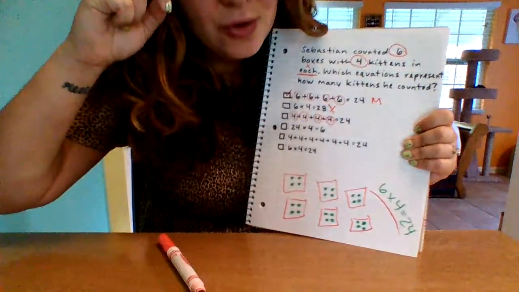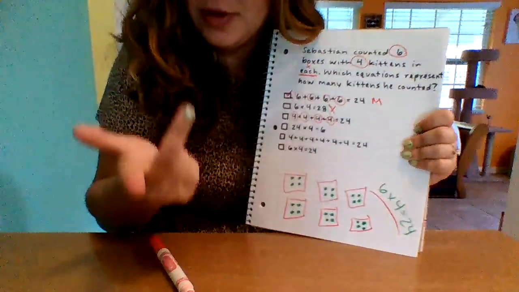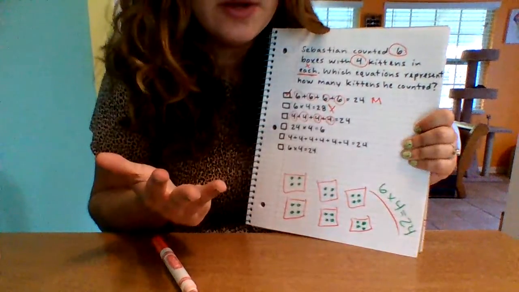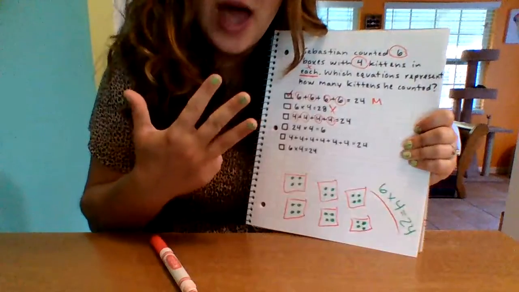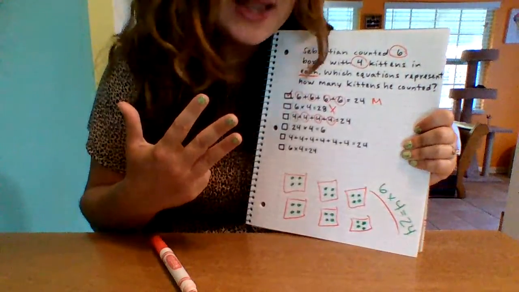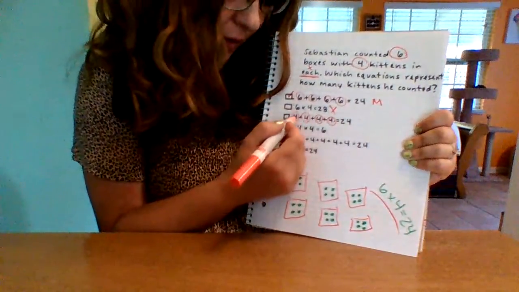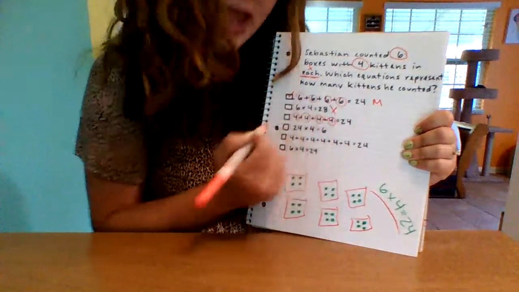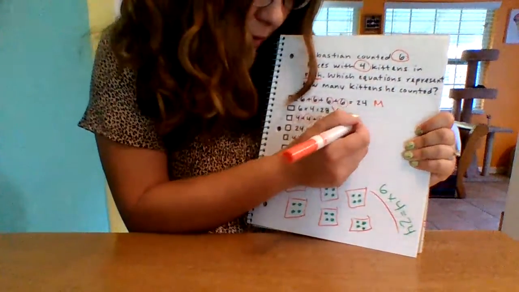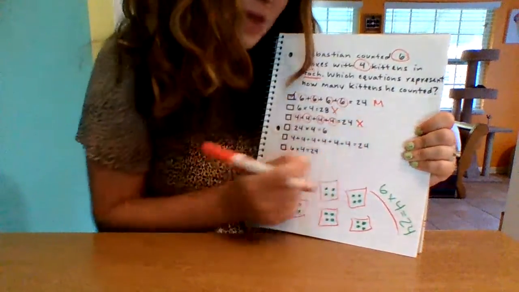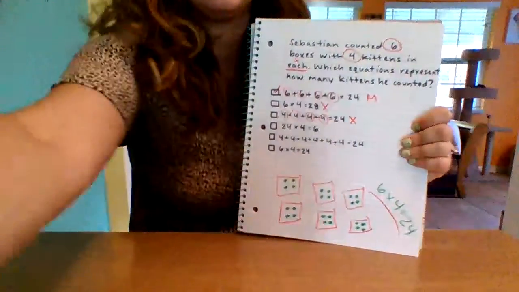But does 4 plus 4 plus 4 plus 4 equal 24? No. If you add 4 four times, you get 16. This is really like saying 4 times 4, which equals 16. So this can't be an answer, and they just put it in there to trick us.